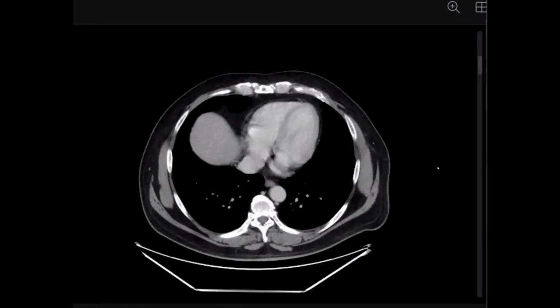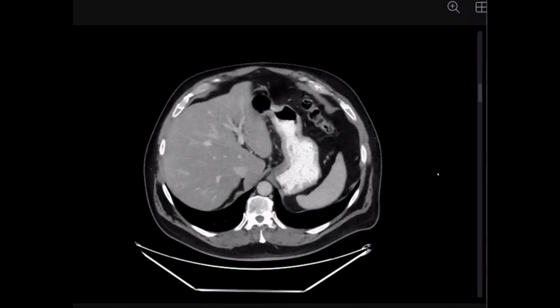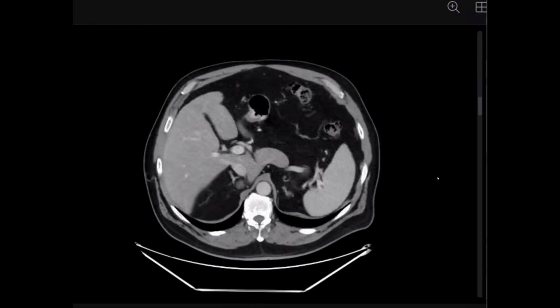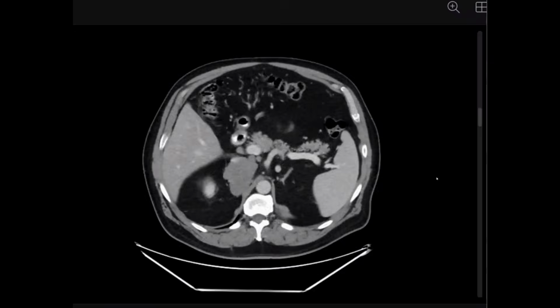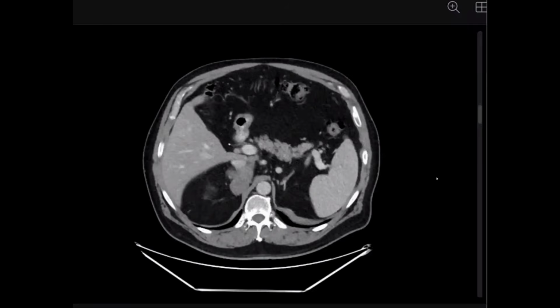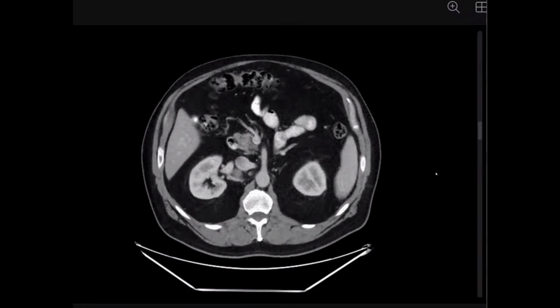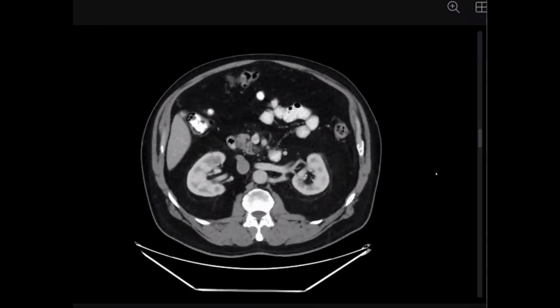This is a contrast enhanced CT abdomen. I can see there is a soft tissue mass in the retroperitoneal region. It shows heterogeneous enhancement.